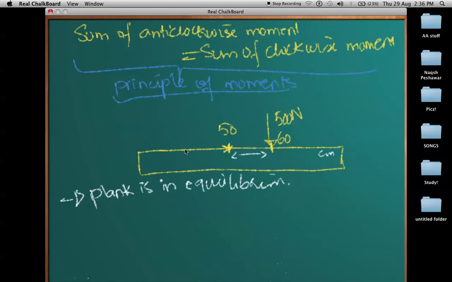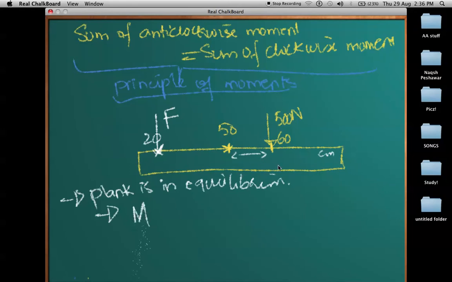And it also tells you that at the 20 mark, there is a force being applied to balance this turning effect. Now, they're asking you to find out this force that can balance this moment if it's applied at the 20th mark. So let's find out the moment caused by this force.